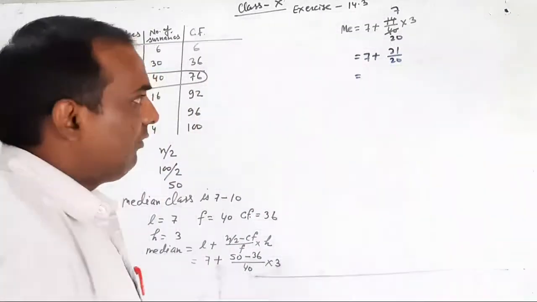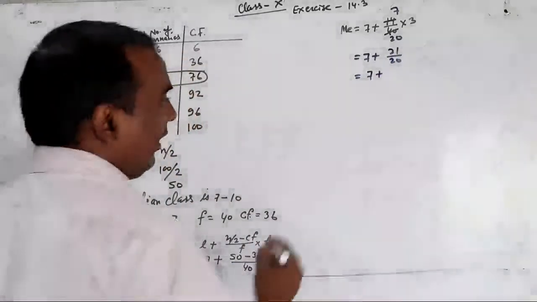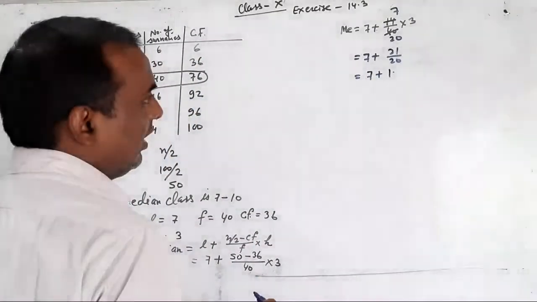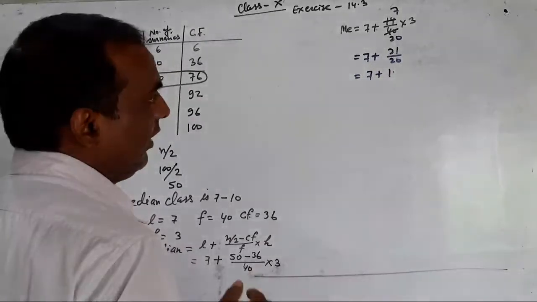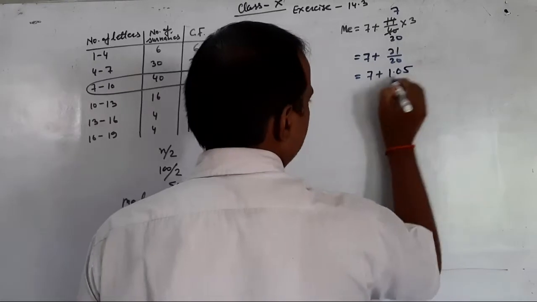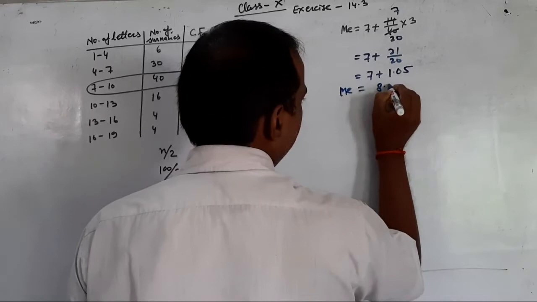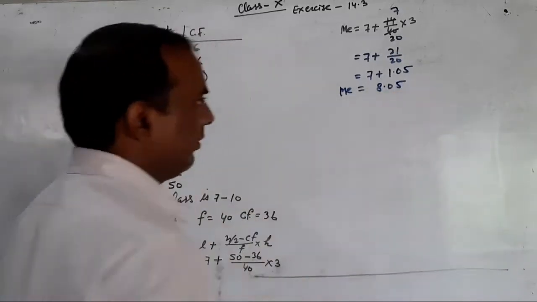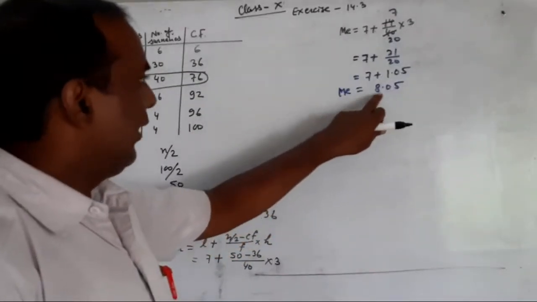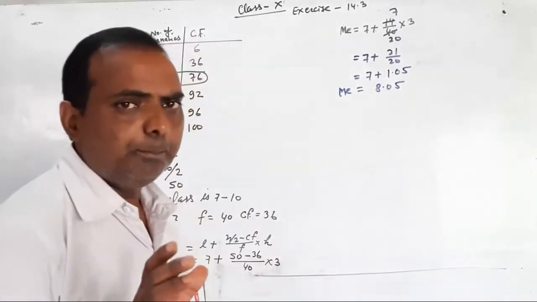Now we have to divide, so 21 by 20 is 1 point, and taking 0 it is 10, so 0 point 05, so median will be 8.05, that is, median surname 8.05. Now we have to calculate mean.